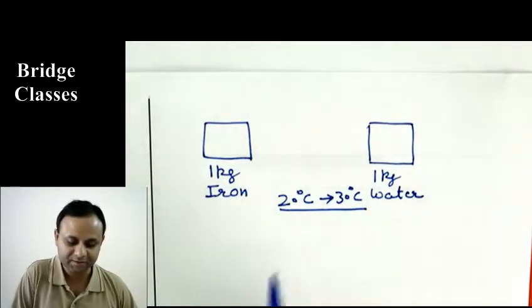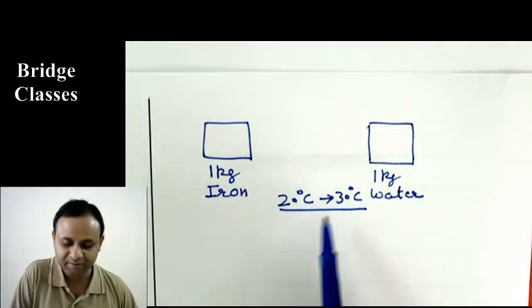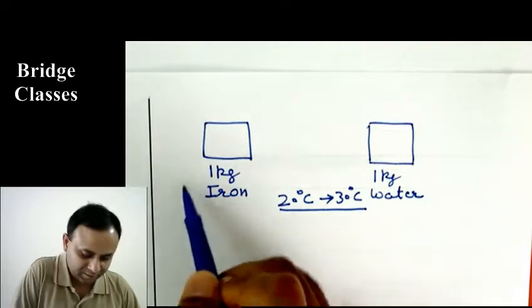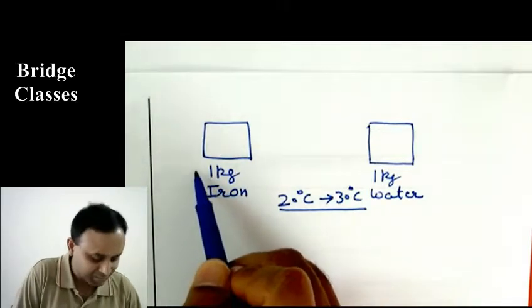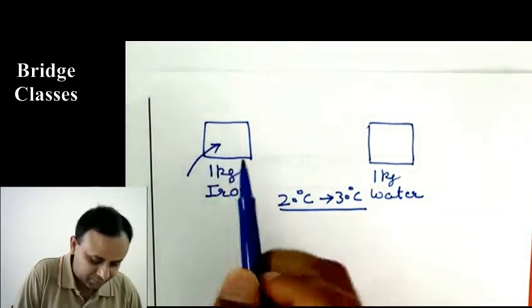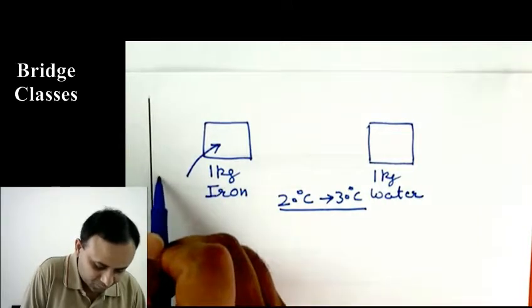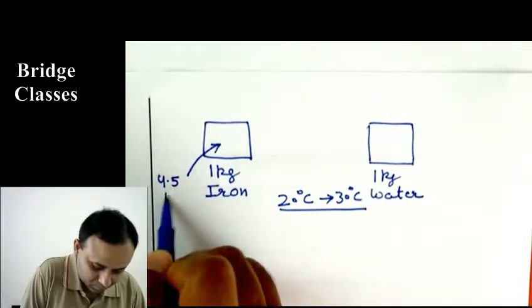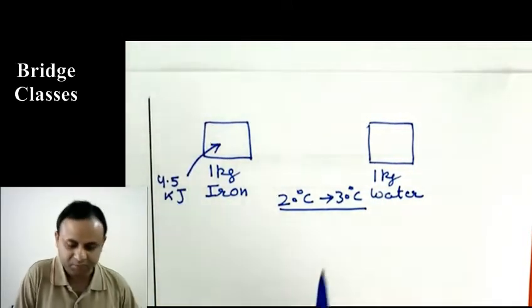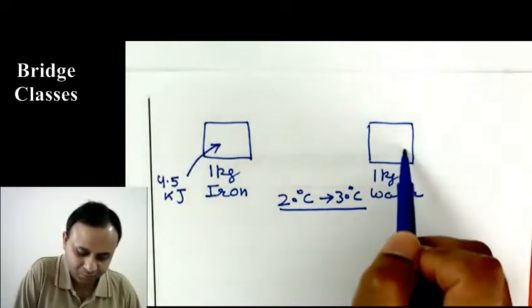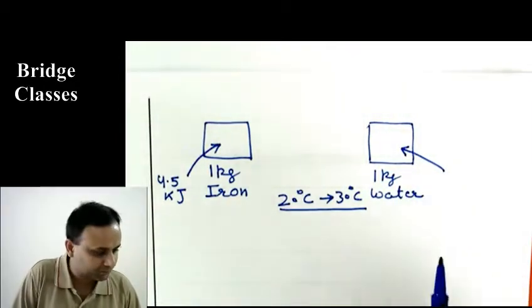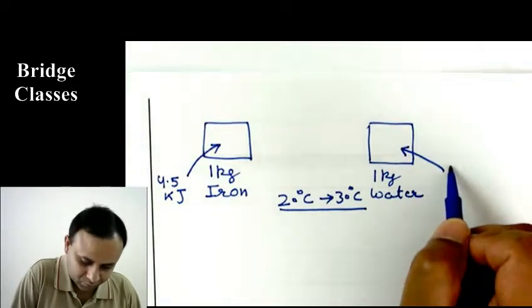They are different substances, but we want to heat them by the same amount. It turns out that for iron, the amount of thermal energy we'll have to supply is 4.5 kilojoule to take it from 20 to 30 degrees C. And for water, it is around 42 kilojoule.